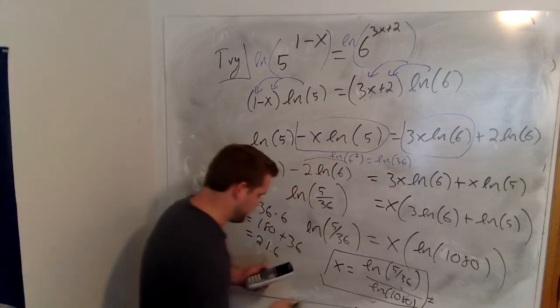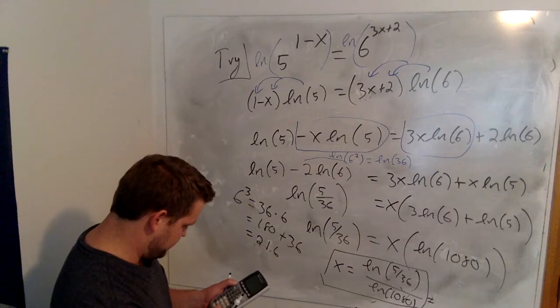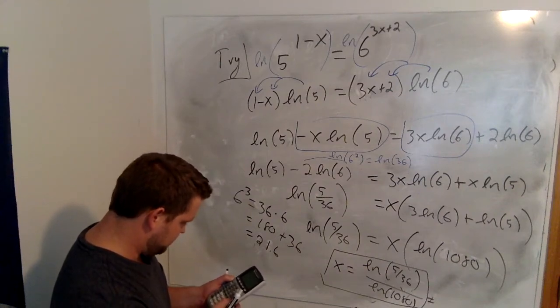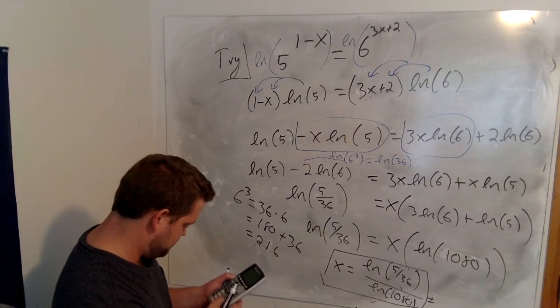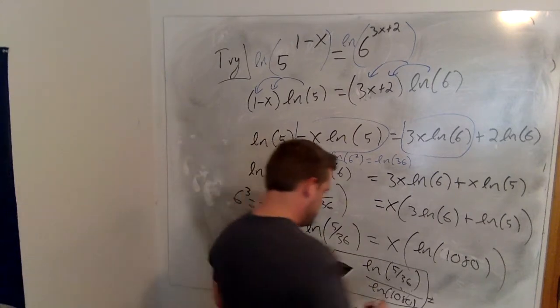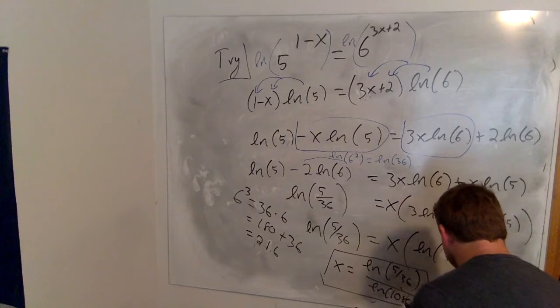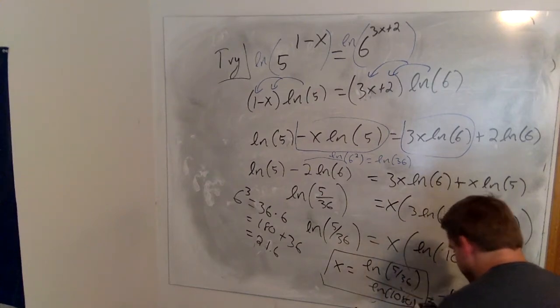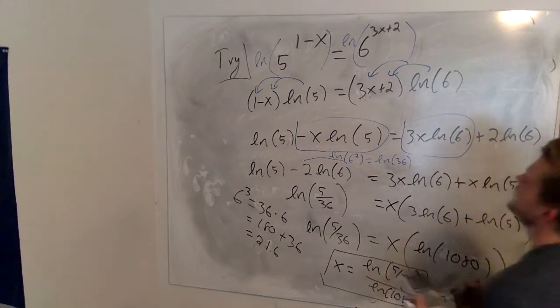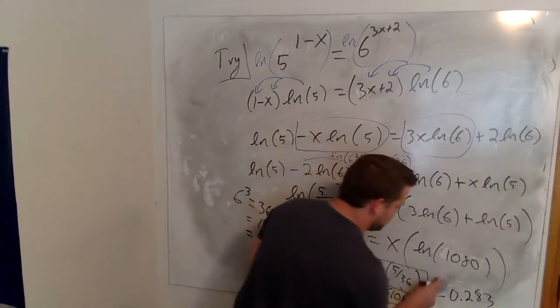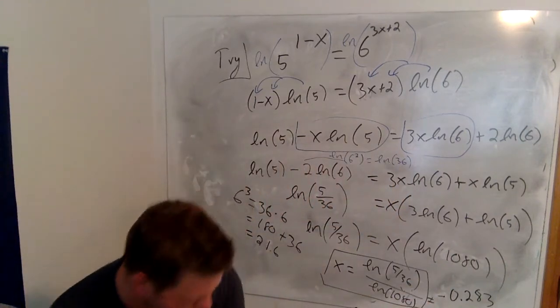Let's see what we get. I'm getting roughly negative 0.283 if we're rounding to 3 decimal places.